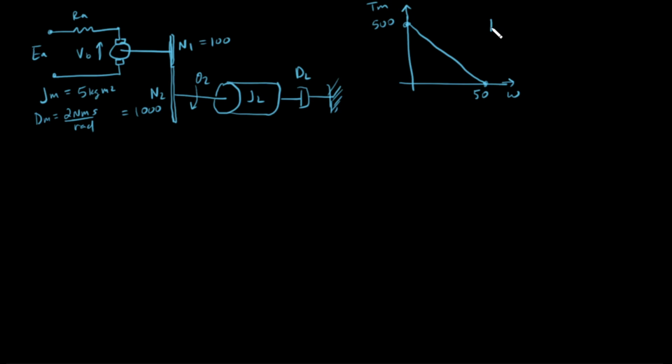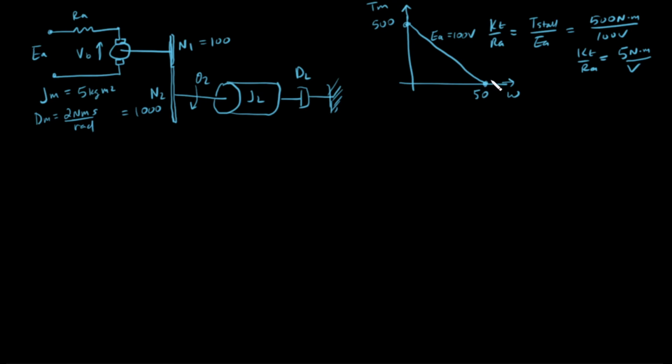And so what we say is KT over RA is equal to our stall torque over our applied voltage, EA. So we'll say in this case that the applied voltage is 100 volts. And so we could say that this is equal to 500 Newton meters per 100 volts, or that KT over RA is equal to 5 Newton meters per volt.